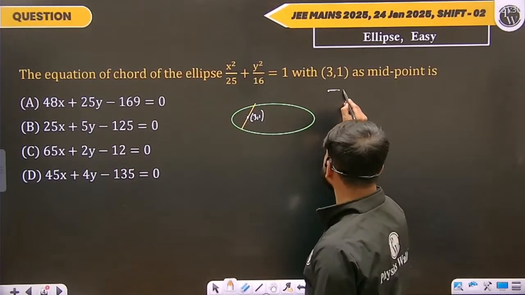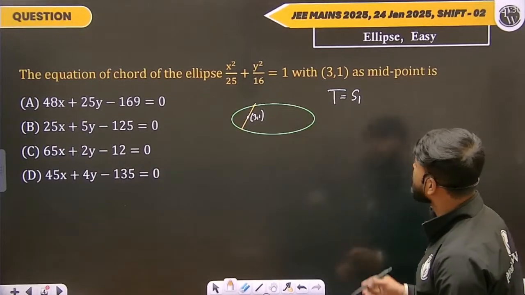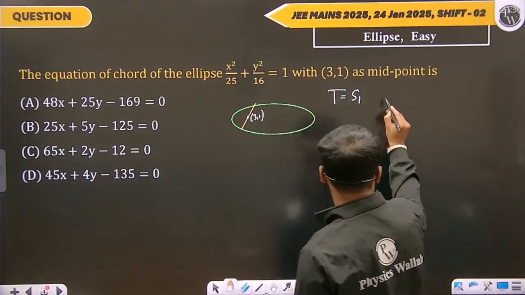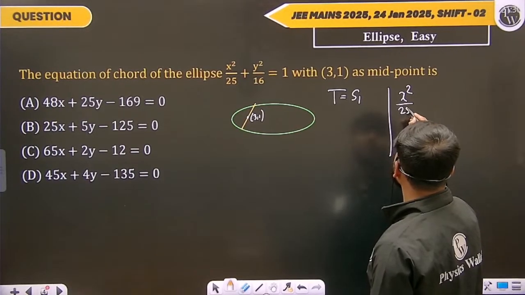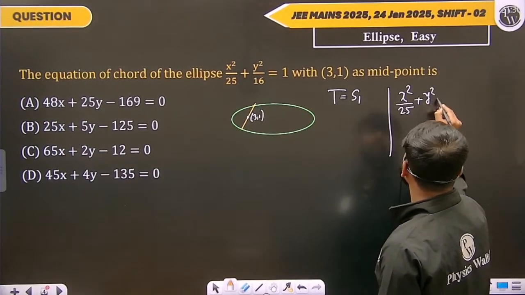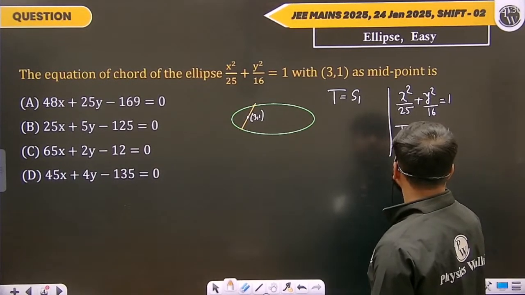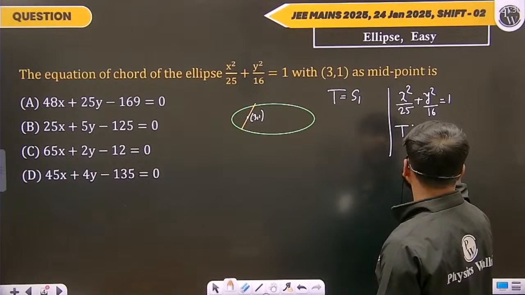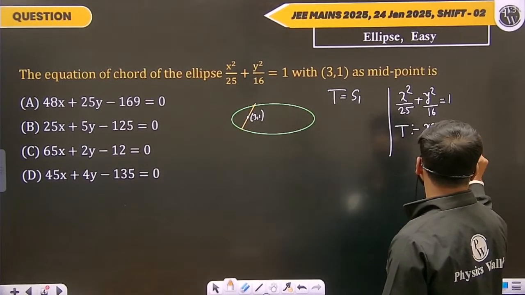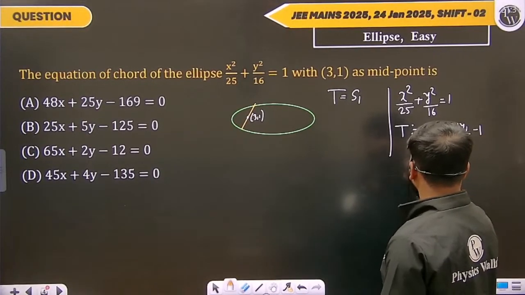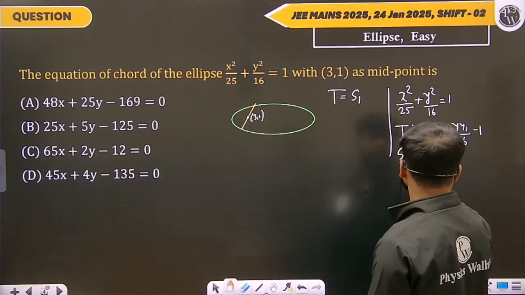It is nothing but T equal to S1. So how can you write the value of T? If your equation is x square by 25 plus y square by 16 equal to 1, then T is x x1 upon 25 plus y y1 upon 16 minus 1. And S1 is just putting in the values of x1, y1: x1 square upon 25 plus y1 square upon 16 minus 1.